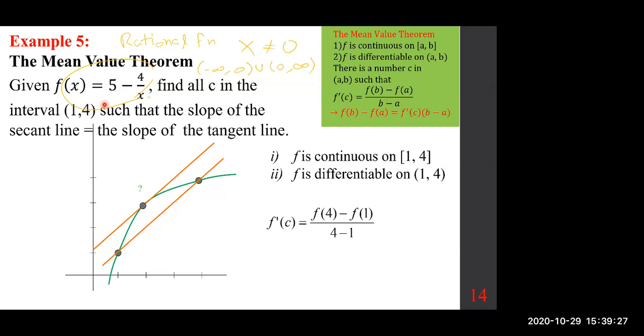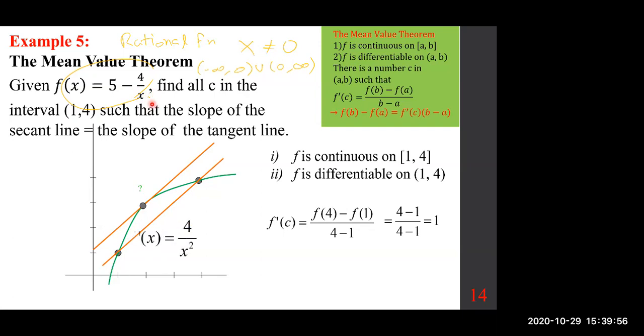Okay, so f of 4, if you plug in, you get 4 over 4 or 1, 5 minus that, it's 4. And f of 1 would be 1, so this is 1. So you differentiate 5 minus 4 over x, or simply 5 minus 4x to the power of negative 1, and it becomes 4 over x squared.